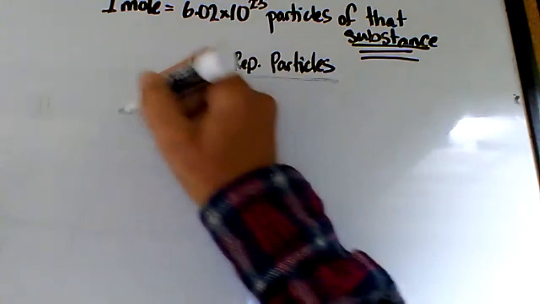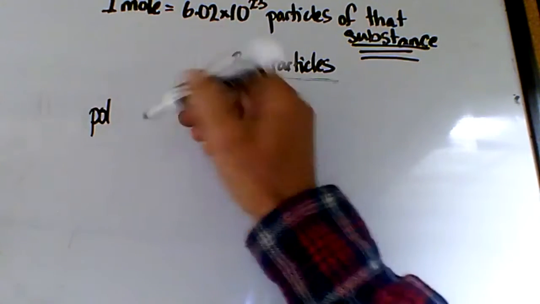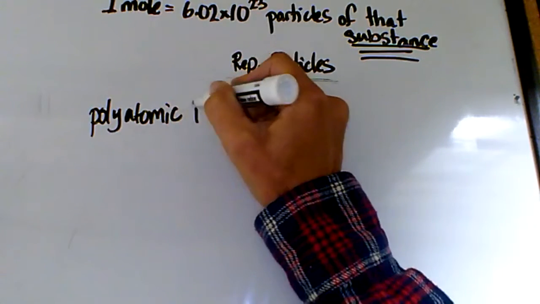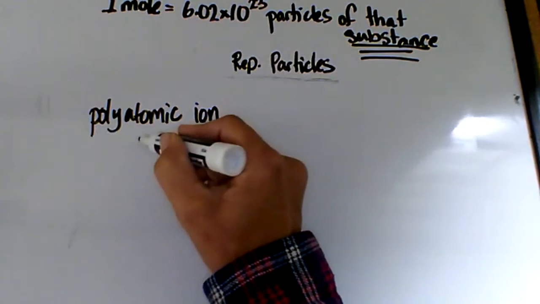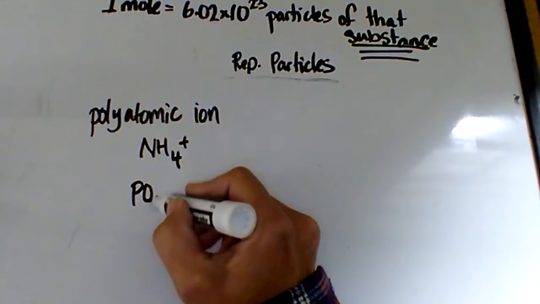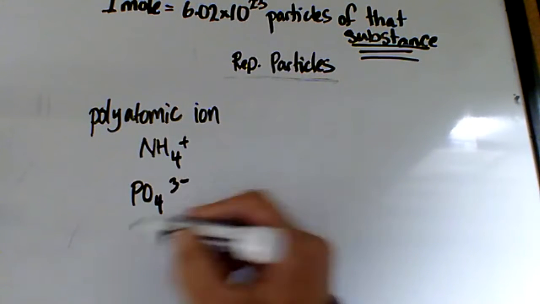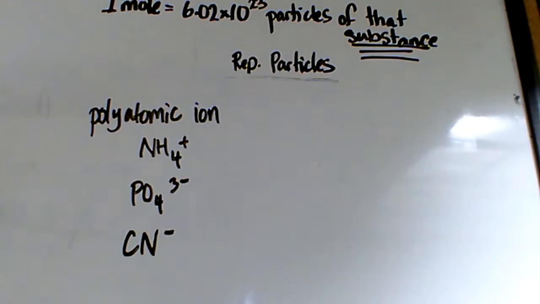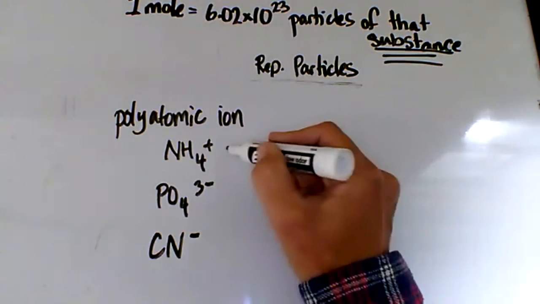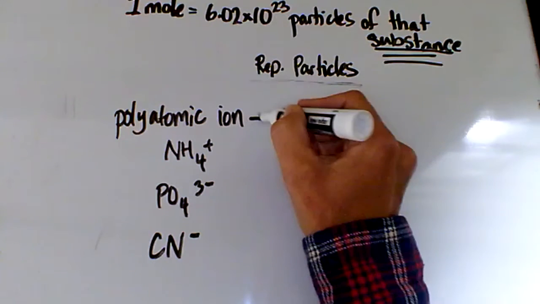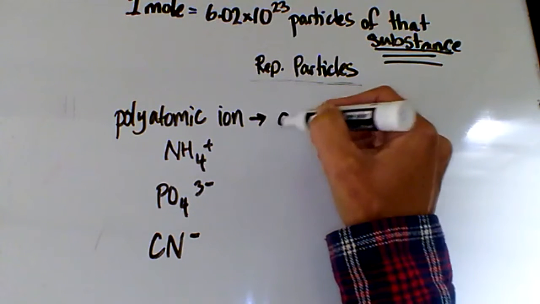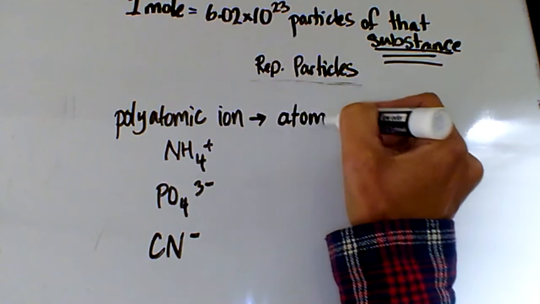Now, what if we have a polyatomic ion and not a monatomic ion, right? If we have a polyatomic ion, well, that would be like ammonium or phosphate, right? Or cyanide, right? Well, these themselves are composed of elements. More particularly, they are composed of atoms.